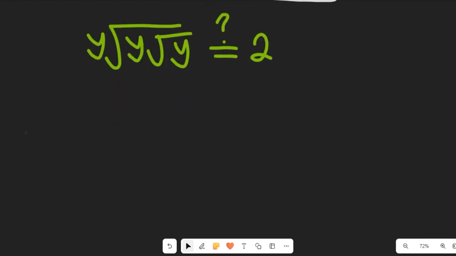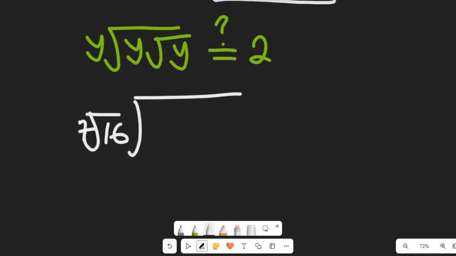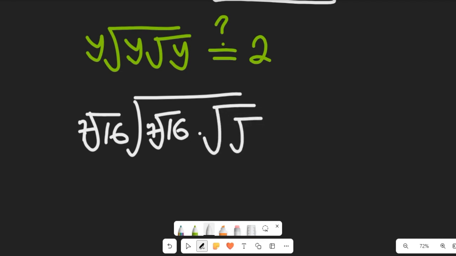Let's try it out. We'll have the square root of the 7th root of 16, all multiplied by the 7th root of 16, multiplied by the square root of the 7th root of 16. Will this be equal to 2?